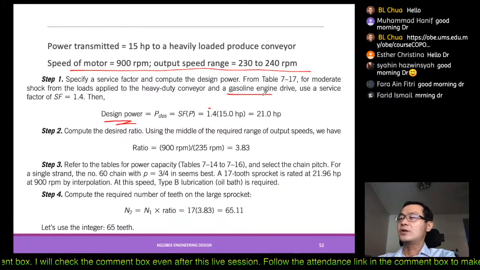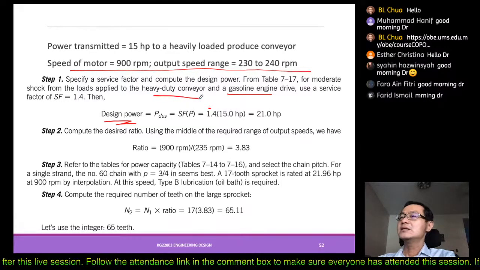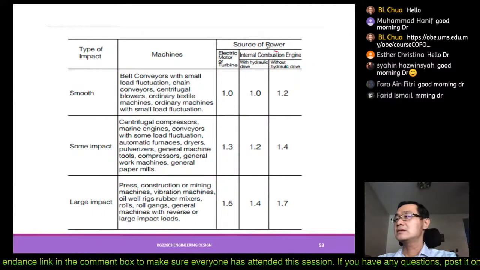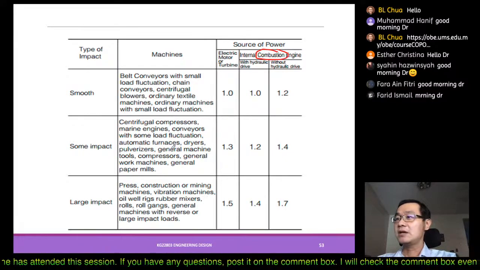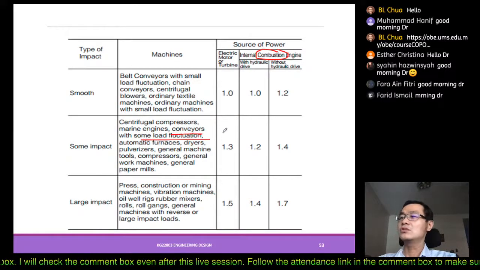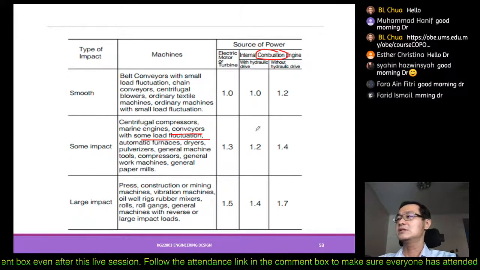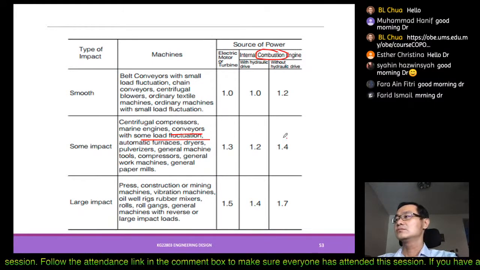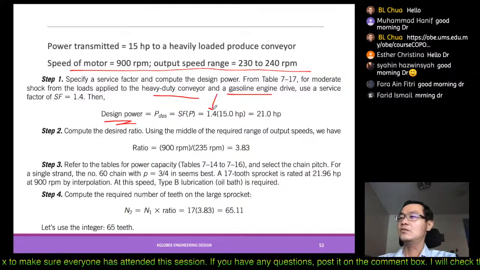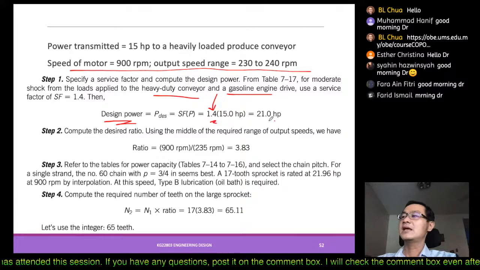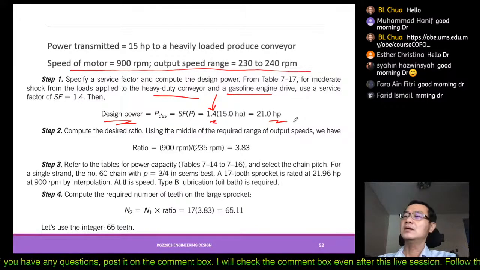Since from what we have seen, this is a gasoline, an internal combustion type, heavy duty conveyor, general, so with load fluctuations, heavy duty type, without hydraulic drive, 1.4. So we put in 1.4 over here, and we get 21 horsepower.